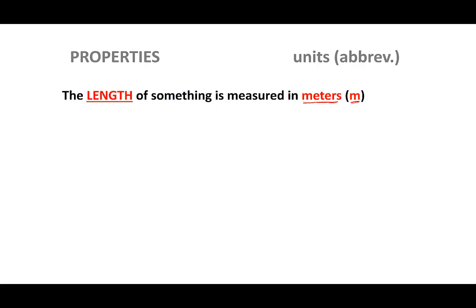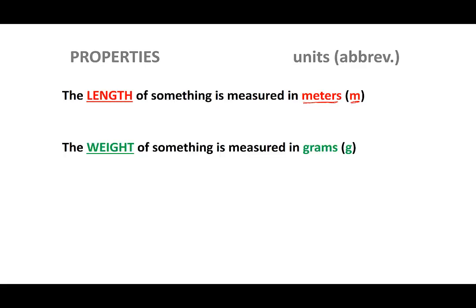So for meters, it's always lowercase m. Do not use capital M. The same goes for prefixes, as I will show you on the next slide, because in science, having a capital M or a lowercase m might mean two completely different things.